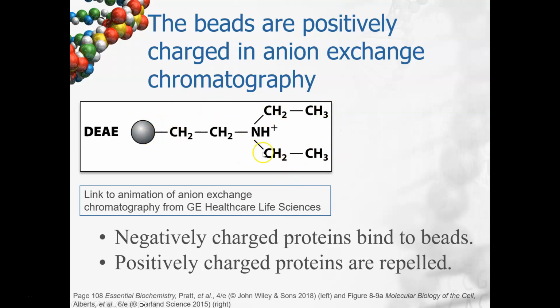It's positively charged. We call this anion exchange because negatively charged things bind to it. So the chromatography isn't named for the bead, it's named for the thing that binds to the bead. If I flow proteins down this column, the negatively charged proteins will bind to the beads and be attracted, but the positively charged proteins will be repelled, and they will elute first.